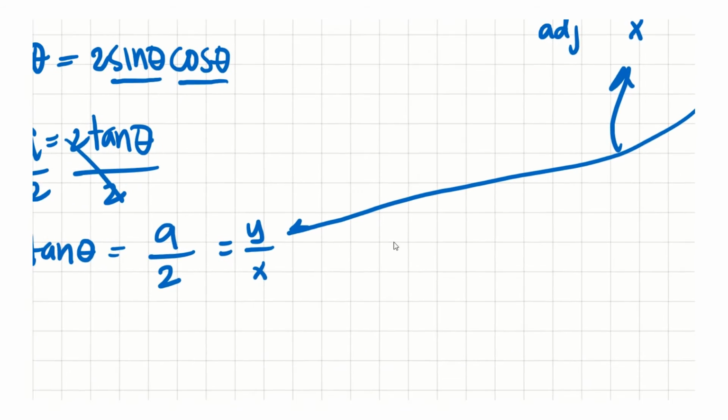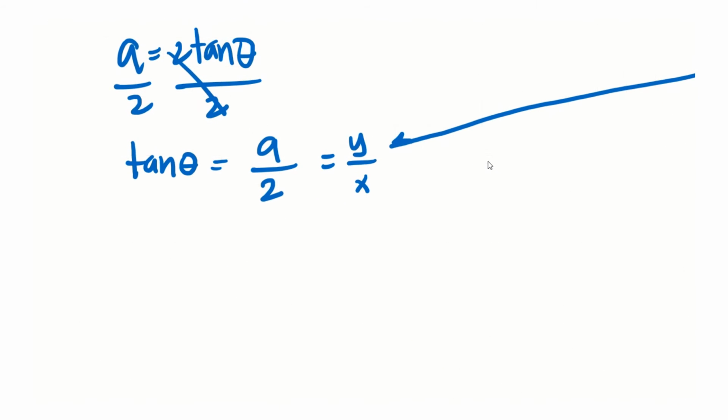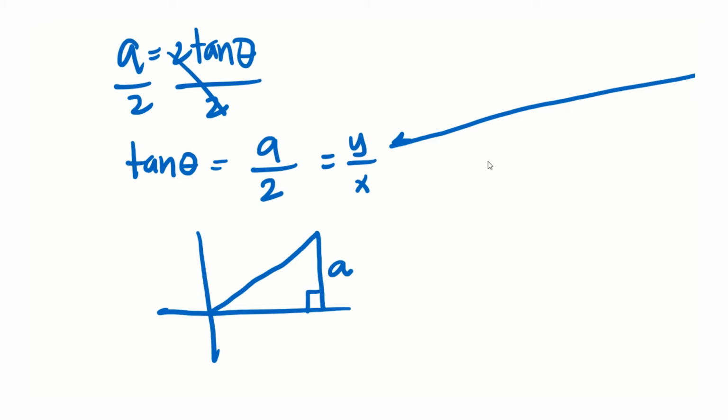With this, if we create a triangle, let's say just select the first quadrant, then our y, the vertical height, is A, and the adjacent side, which is x, is equal to 2. Let's name the hypotenuse r.